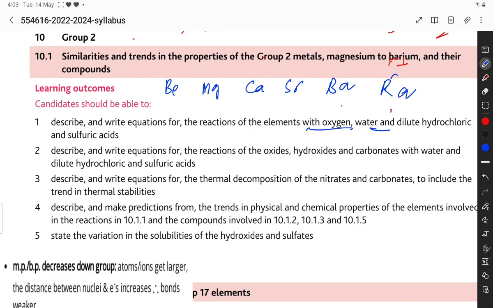The electronic configuration of magnesium is 1s2 2s2 2p6 3s2, and of calcium is 1s2 2s2 2p6 3s2 3p6 4s2.